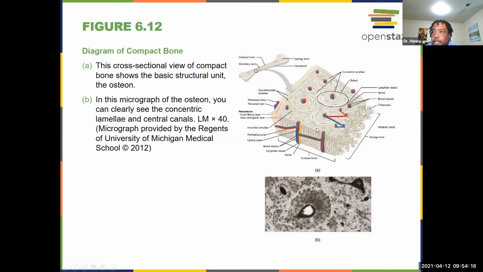And again, we run into the same type of system here. We have the central canal, so they're able to get some nutrients to the bone, within the bone itself, right? And like the other tissues that we've encountered, like the skin itself, it's going to have some complexity to it as well, okay?